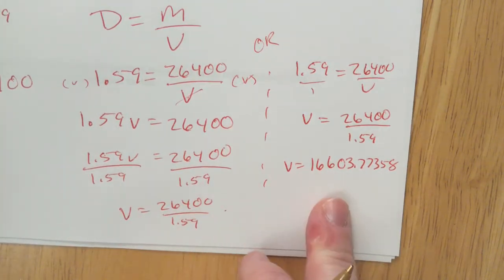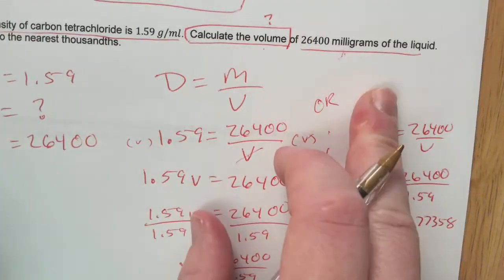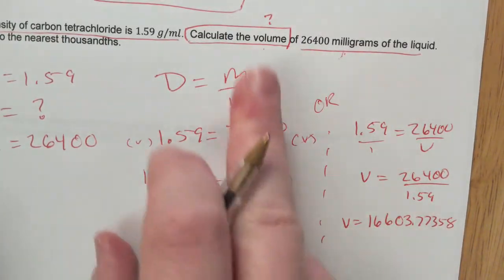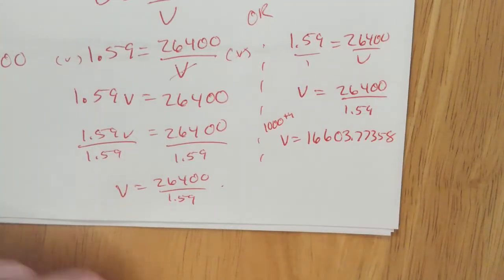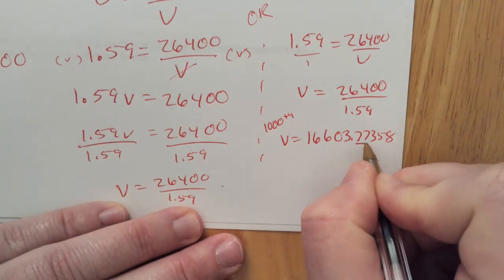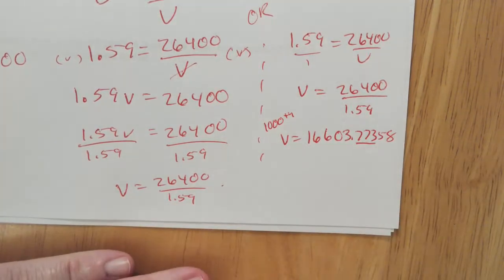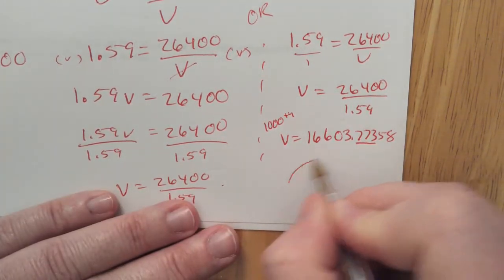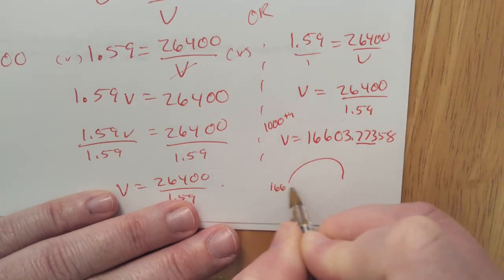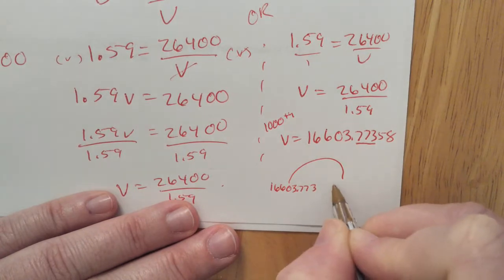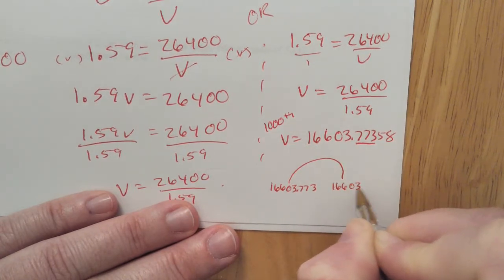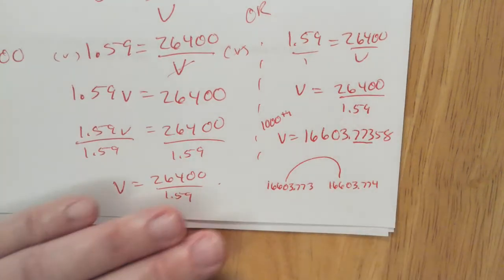Now let's see if we have our final answer. They said calculate the volume, which we did. Now round to nearest thousandth. Now how many zeros does 1,000 have? 3. So we're going 3 decimal places. So the question is, are we staying at 16603.773, or are we going to 16603.774?